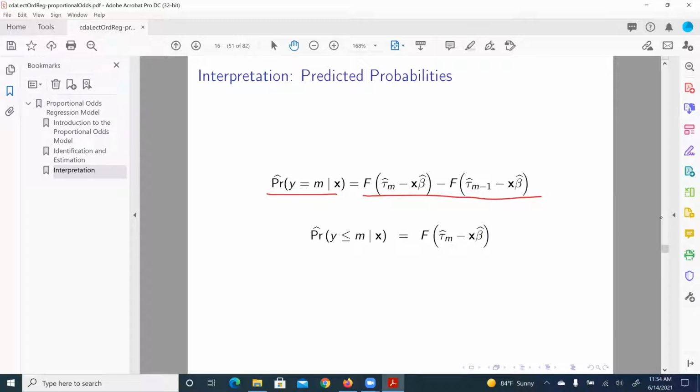And the cumulative probability is equal to this single cumulative density function, as we derived when I went over odds ratio interpretation. So we can use some functions from user-written packages to calculate these predicted probabilities.